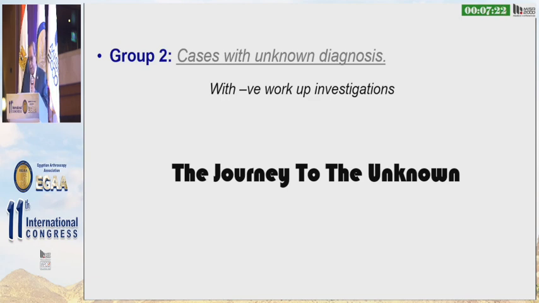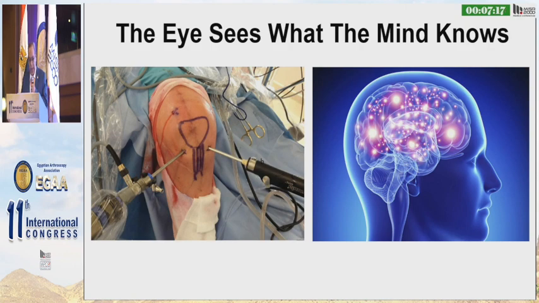Before the journey to the unknown, I borrowed the idiom that says, the eye sees by the arthroscope what the mind knows. That is why in the next pages, I will shed some light on the possible causes of undiagnosed painful total knee arthroplasty.